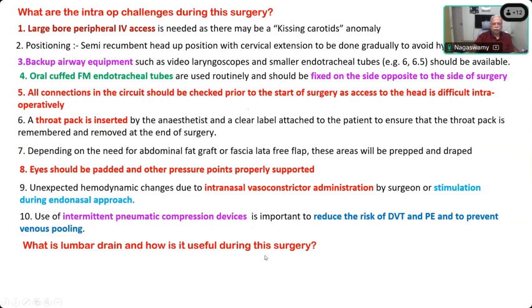What is a lumbar drain? How is it useful during this surgery? We discussed this very recently, in the pituitary adenoma surgery class last month or before that.